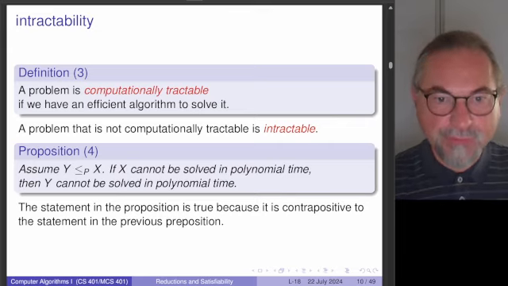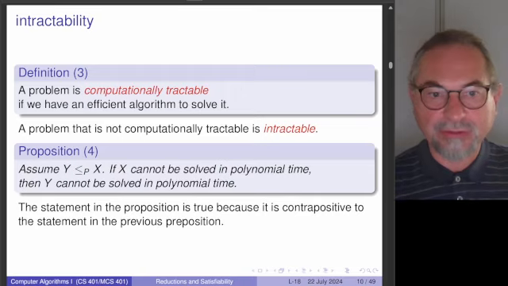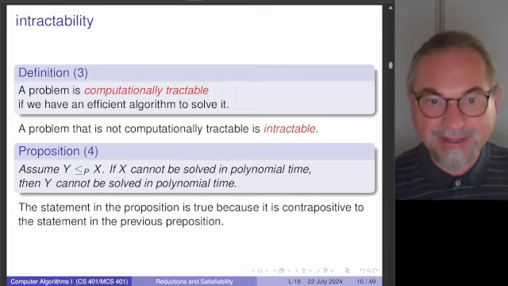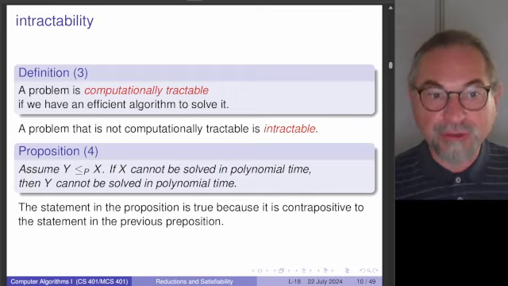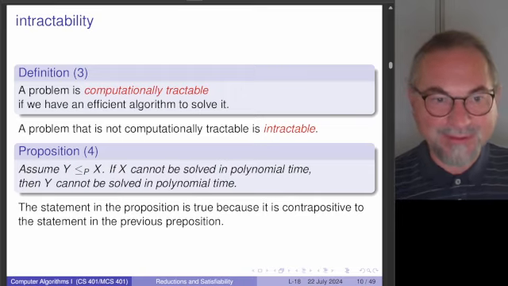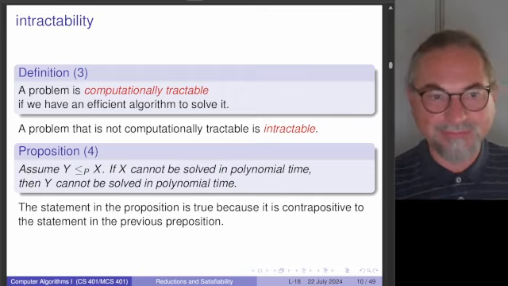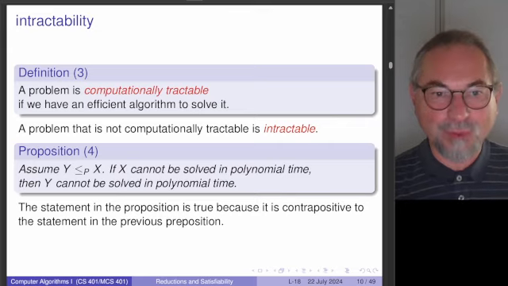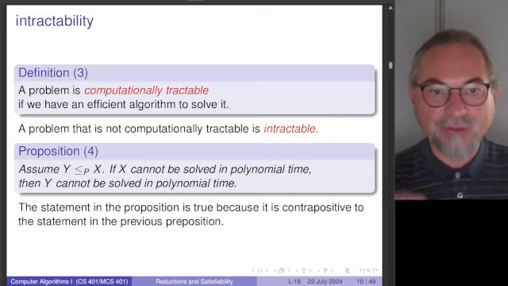This is an important statement, and the proof of it is simply by contraposition. Contraposition means that if you have an if-then statement, you negate the then. So if y can be solved in polynomial time, then you can also solve x in polynomial time.